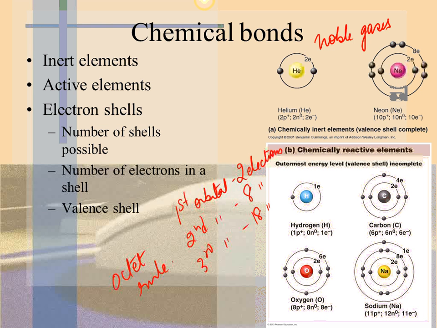So every atom, in order to become stable, wants to make sure that in its outermost shell it has 8 electrons or 2. So the octet rule, octet is 8. The octet rule is that every atom, in order to become stable, wants to make sure that in its outermost shell, somehow it either will get or throw off some electrons.